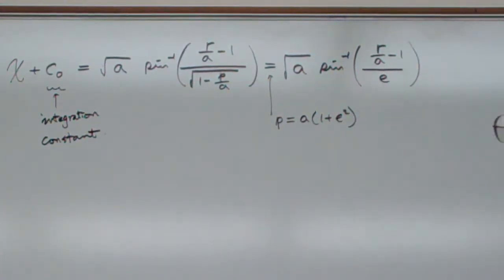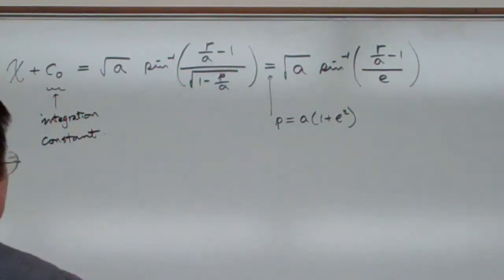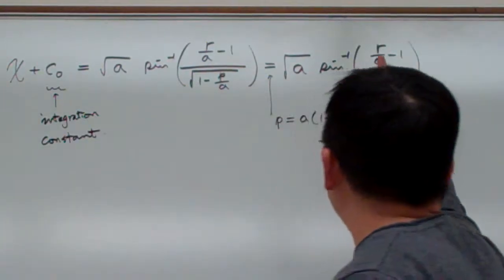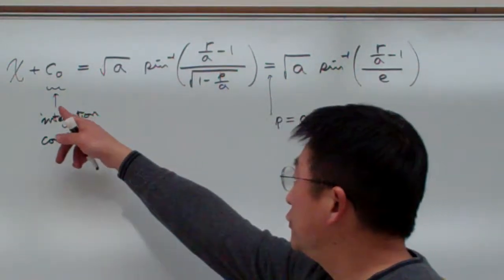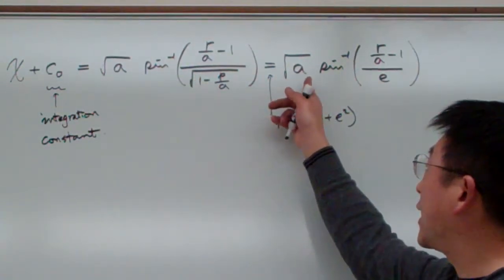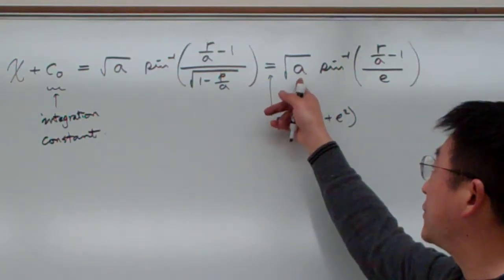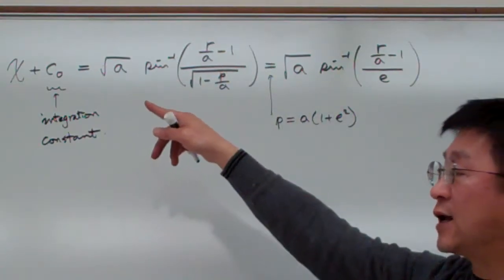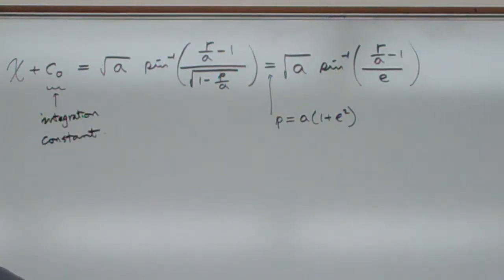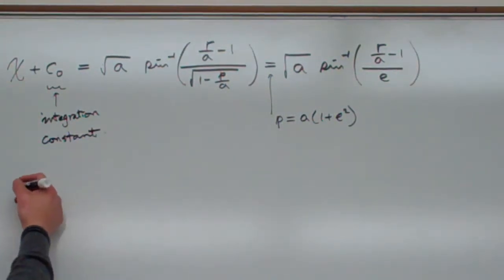So with these things ready, we can solve for R. For example, with this equation, I can divide both sides by the square root of A, and then take sine on that side. So here I can have R being expressed.